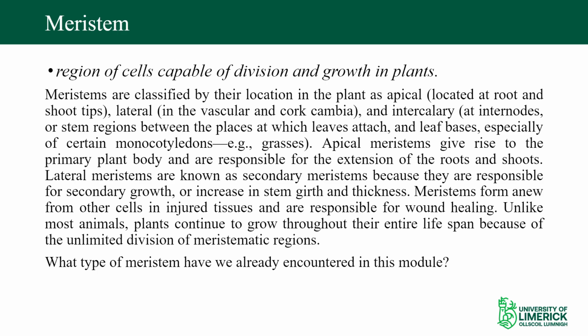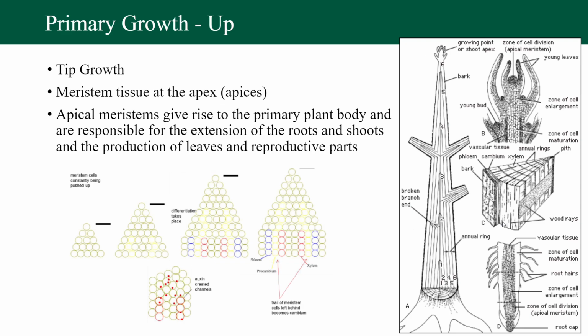So what type of meristems have we already encountered in this module? We've already started to talk a little bit about primary and secondary growth, so we're talking about lateral and apical meristems. Right, so we're looking here at tip growth.